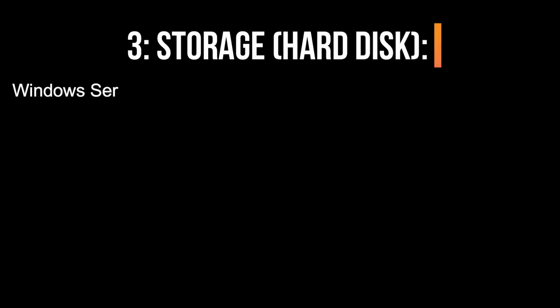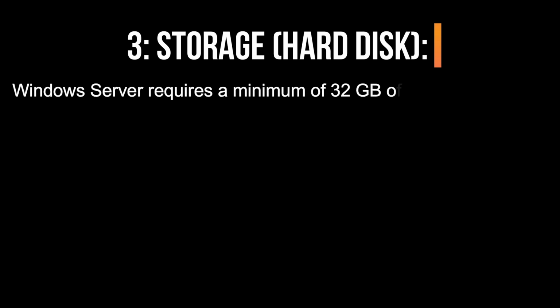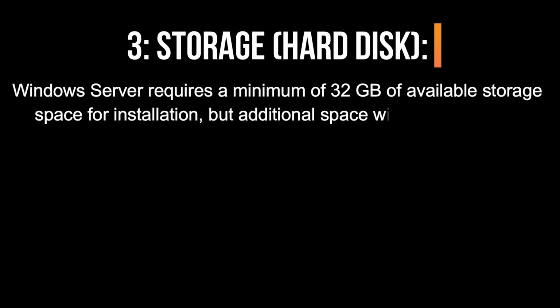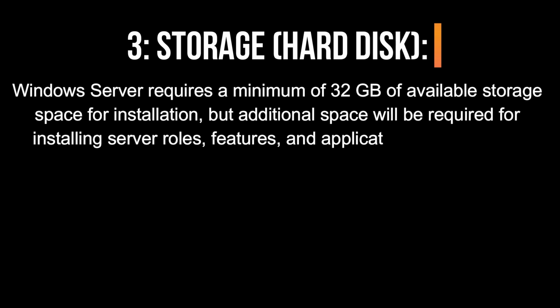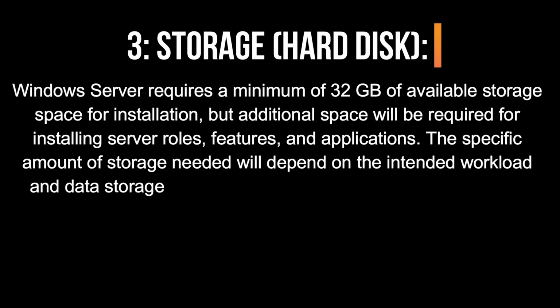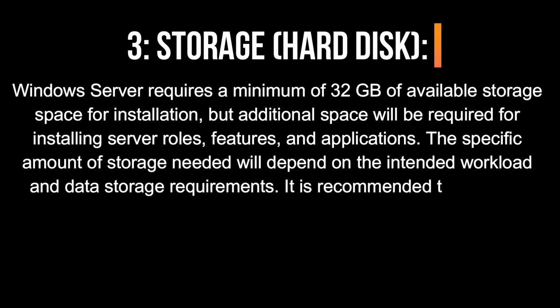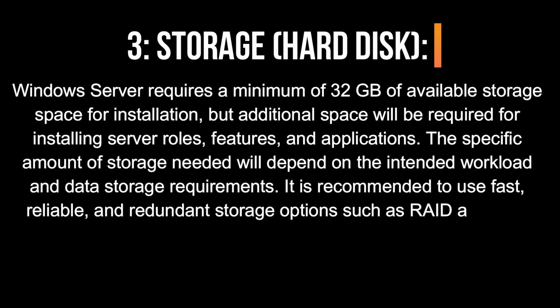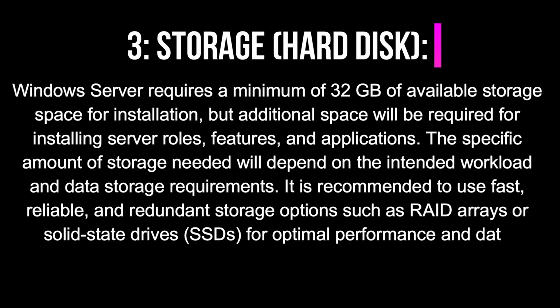Windows Server requires a minimum of 32 GB of available storage space for installation, but additional space will be required for installing server roles, features, and applications. The specific amount of storage needed will depend on the intended workload and data storage requirements. It is recommended to use fast, reliable, and redundant storage options such as RAID arrays or solid-state drives, SSDs, for optimal performance and data protection.